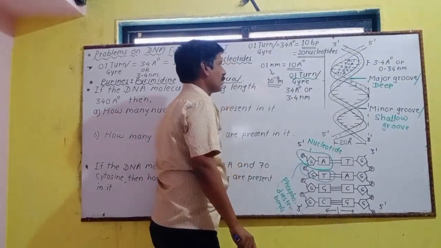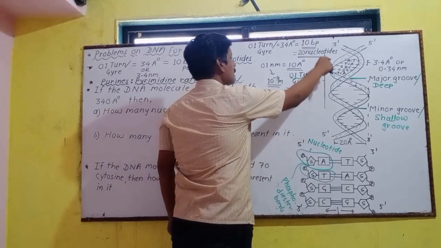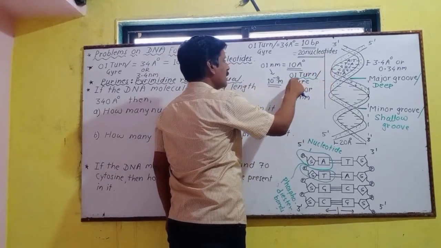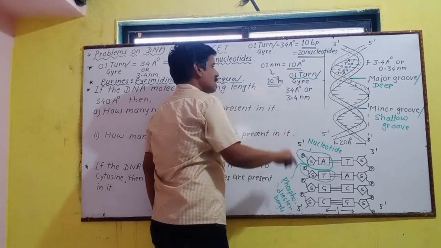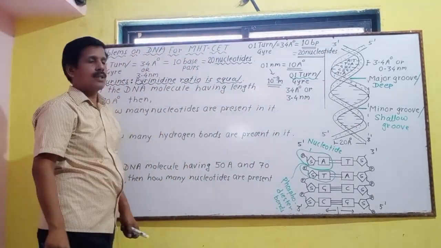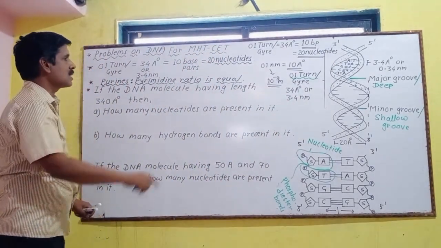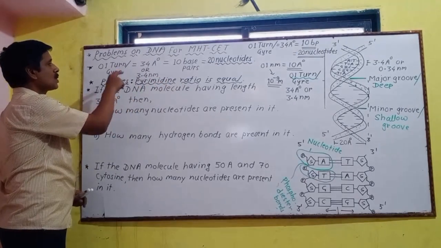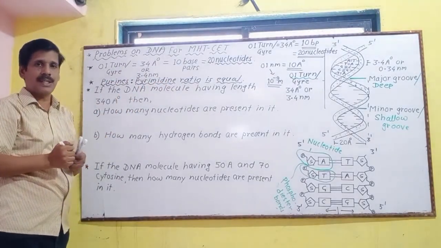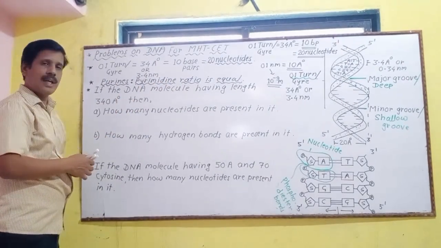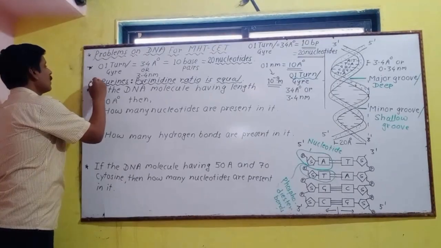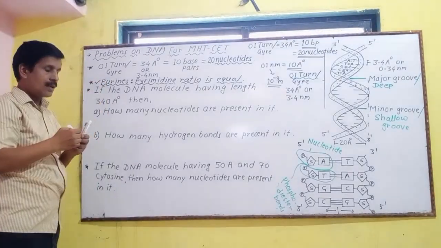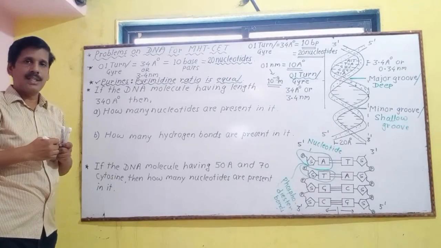0.34 nanometer. And so, as there are 10 base pairs in each turn, the total length is 34 angstrom or 3.4 nm. This is very important to solve the problems based on the Watson and Crick model of the DNA. Again, remember that the purine and pyrimidine ratios are equal in the case of DNA, that is Chargaff's rule.